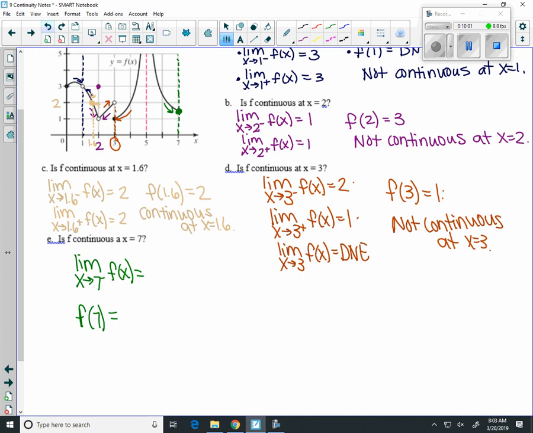So here, our limit as we approach 7, we're going to estimate a little bit. I would maybe say 1.4. But what I do know is that we are continuous at this point because I have a filled in circle that's at the same place as the graph is going. The limit definitely matches there. So this is exterior point continuity.